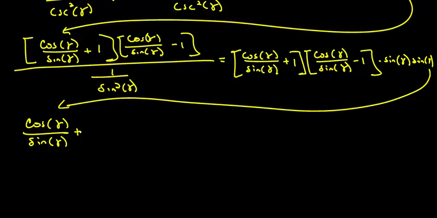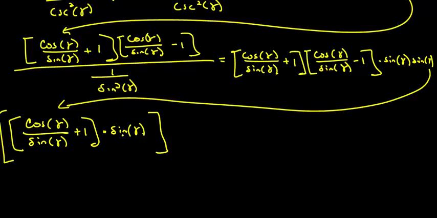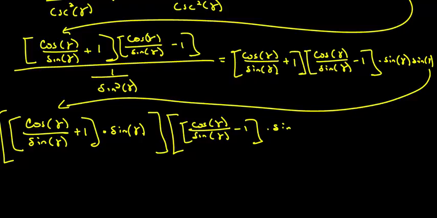So what I'm going to do is I'm going to multiply. So let me kind of box them off. I'm going to do this. Okay.